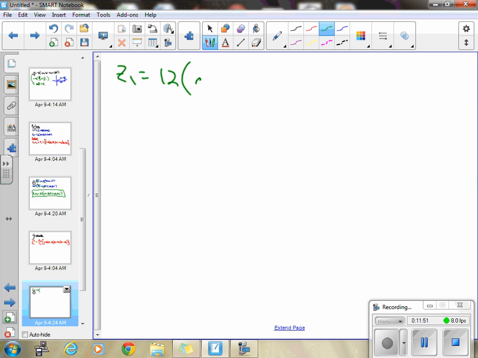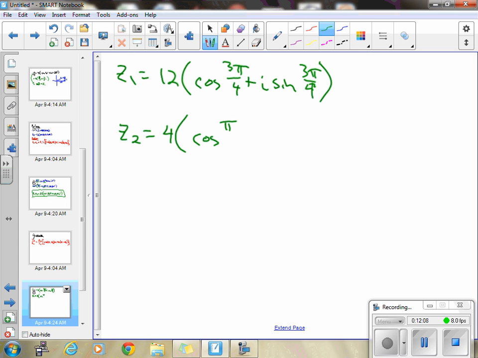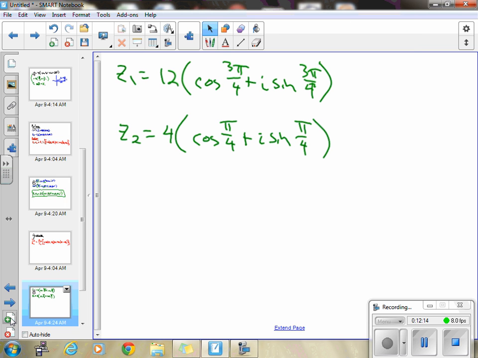So let's suppose we have a z1 of 12 times the cosine of 3 pi over 4, plus i sine 3 pi over 4. We have z sub 2, which is going to be 4 times the cosine of pi over 4, plus i times the sine of pi over 4.